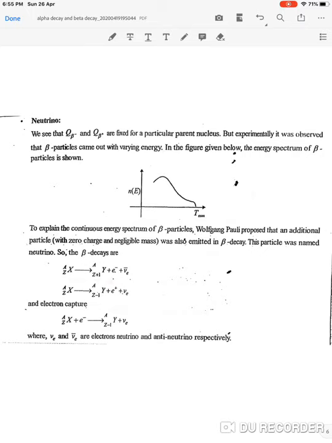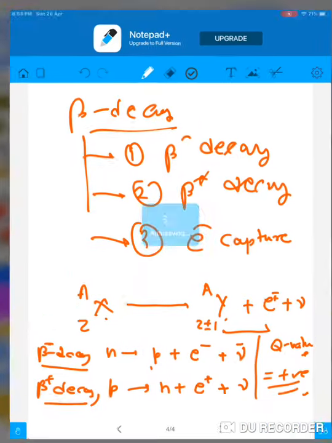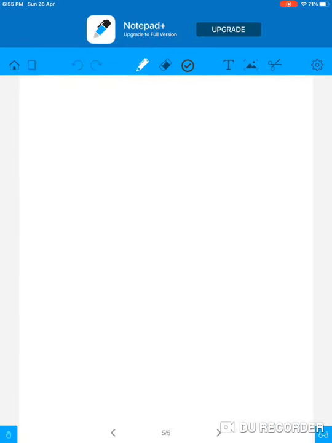You need to put the radioactive substance in a chamber.